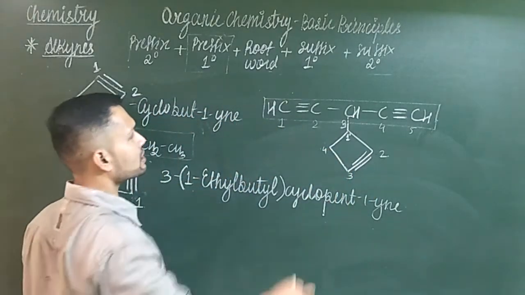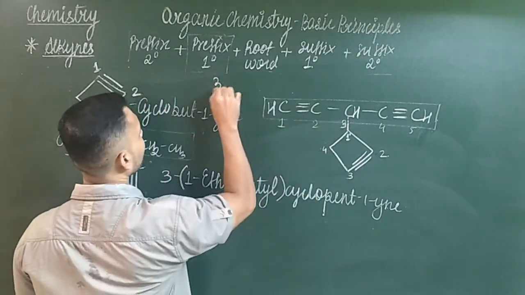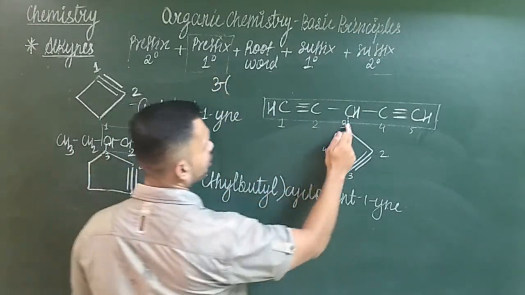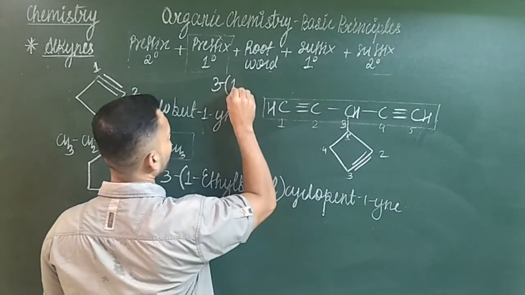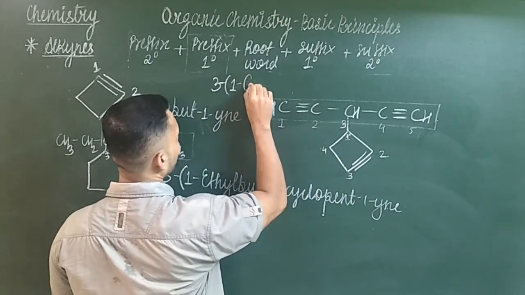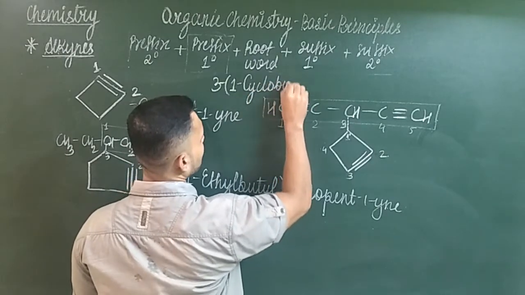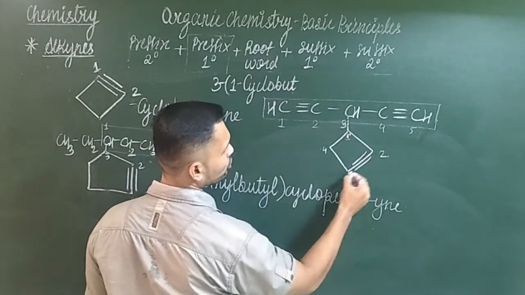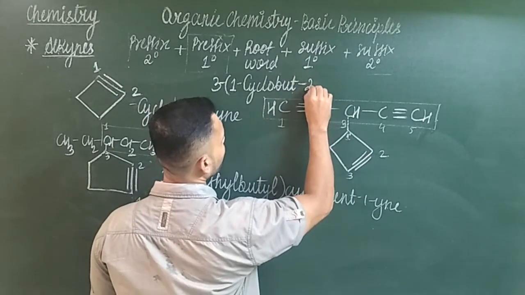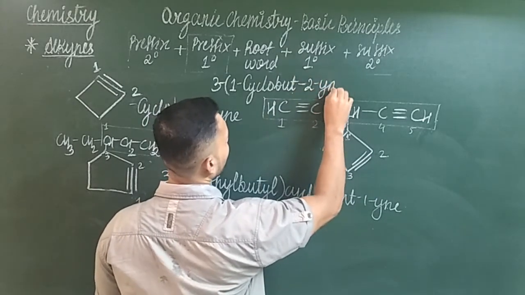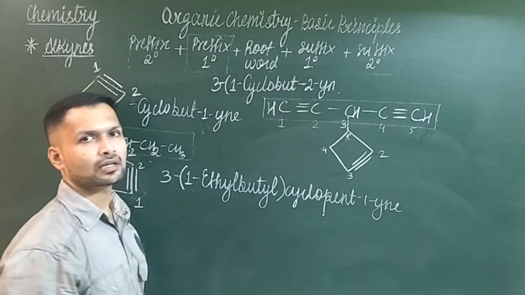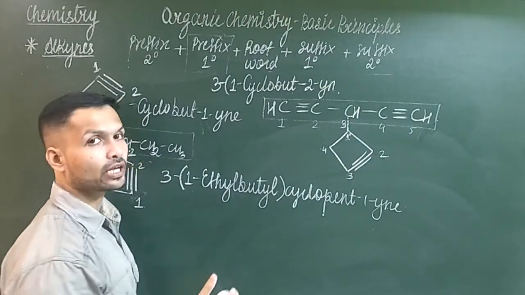So how to write this? So this is 3 bracket. Now 1, 2, this is cyclo, simple as that. 1, this is capital cyclo. Now look over here, it is cyclo-but, it is between 2 and 3. So it is but-2-ine. Now look over here, I have not written E because this would suggest it is the longest chain.